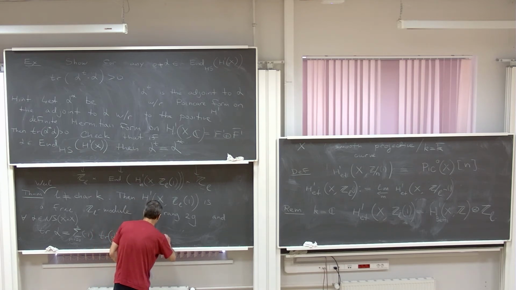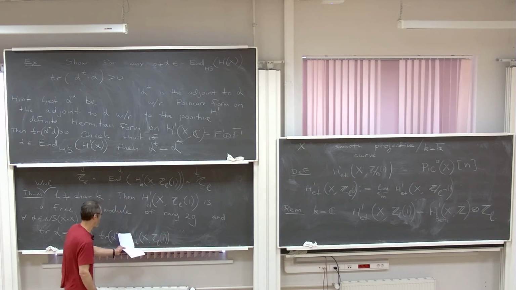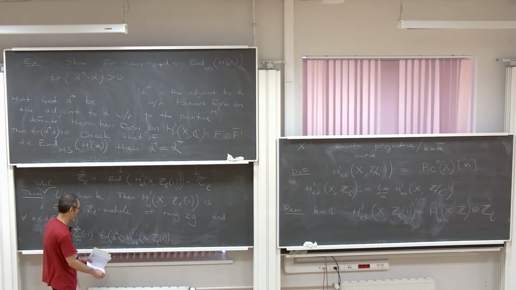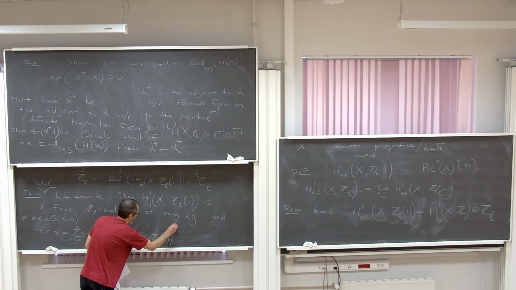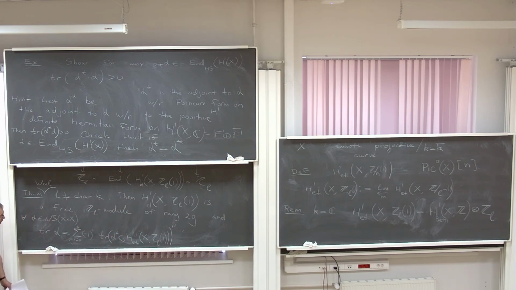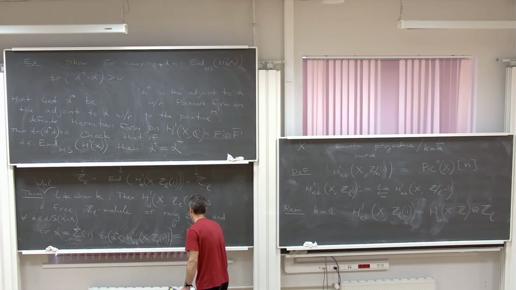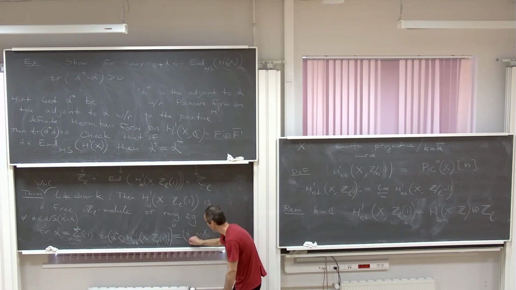Well, I didn't tell you what H0 and H2 are, therefore I put quotation marks here. So the formal statement is that you take alpha and intersect it with x0 times X. This is the vertical line.